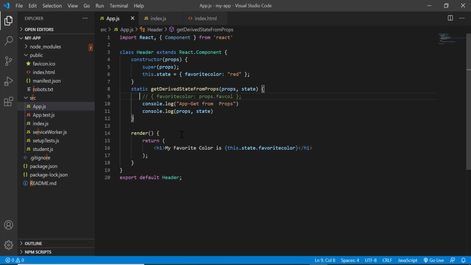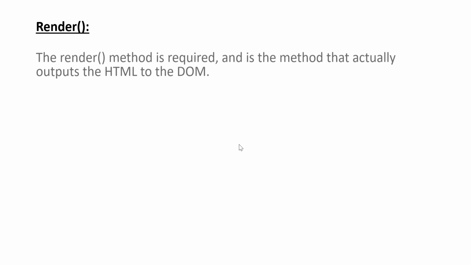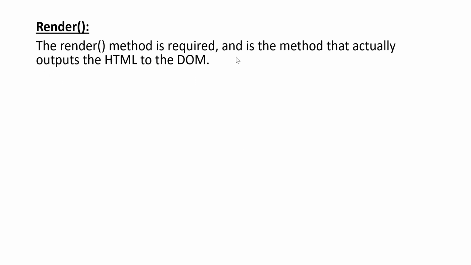This is the example. Let's jump to another method, that is the render method. The render method is required and is the method that actually outputs the HTML to the DOM. We have already learned about the render method in detail in the previous video. Here is a simple example of this render method.